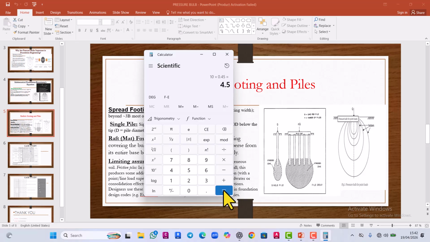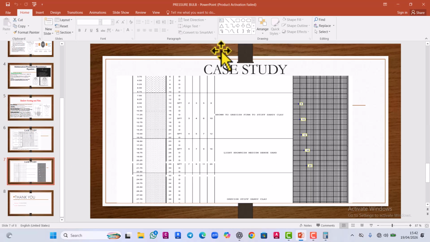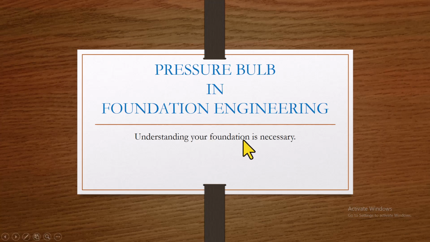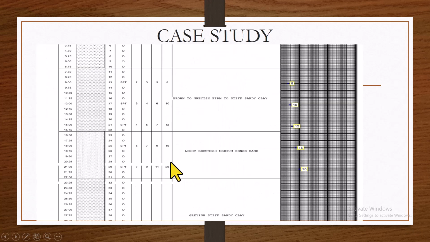So you have 4.5. So when you come to 18 meter here, you add 4 to it. So 4 plus 18 is going to be 22, and we have 4.5, which is 22.5. So you see that this zone will experience what we call the zone of influence. So nothing concerns us at this point.